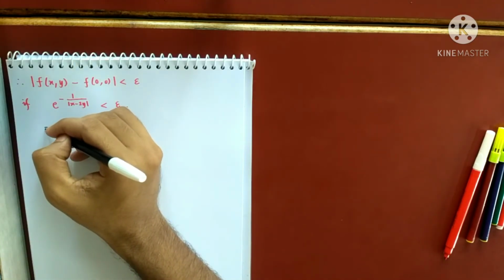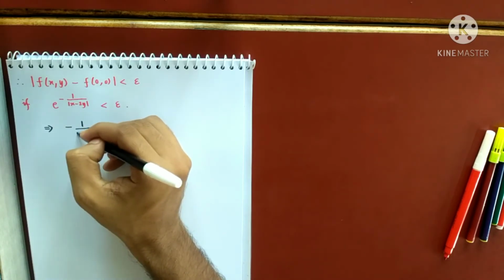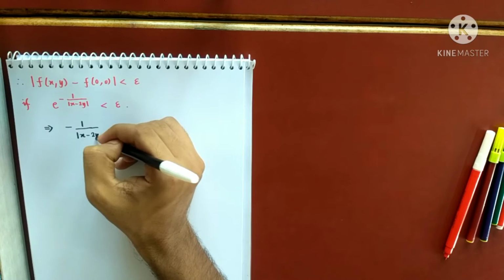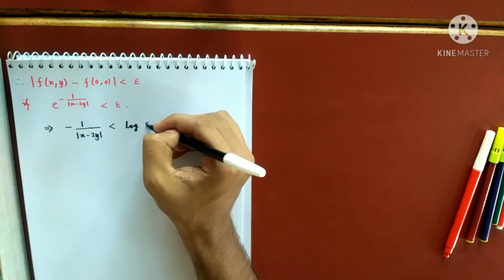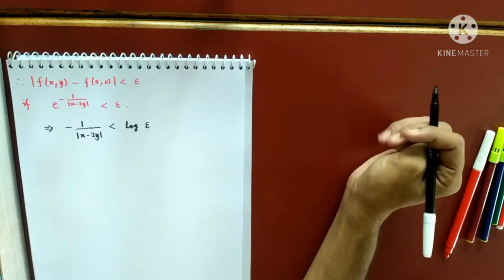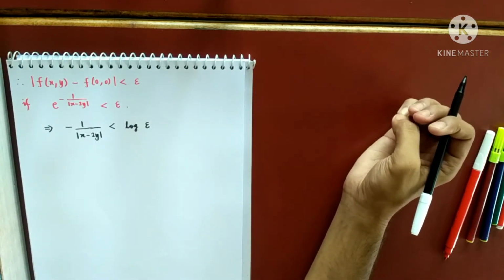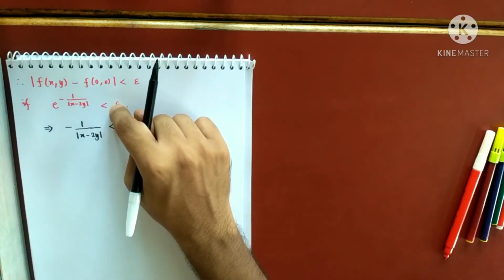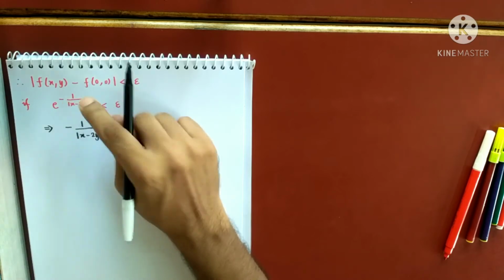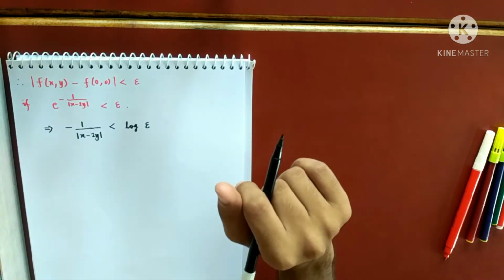Now taking log on both sides, do you agree with me? If I take log with the base e on both sides, this will happen. Writing log here, log here, right? By the power law of logarithm, the exponent will go outside and log e is 1.